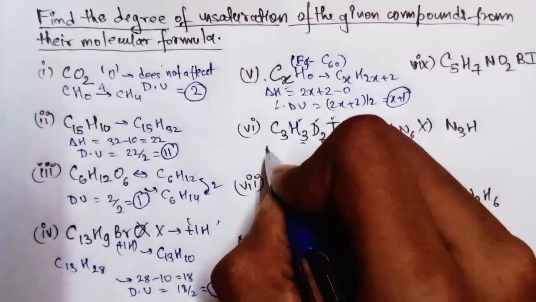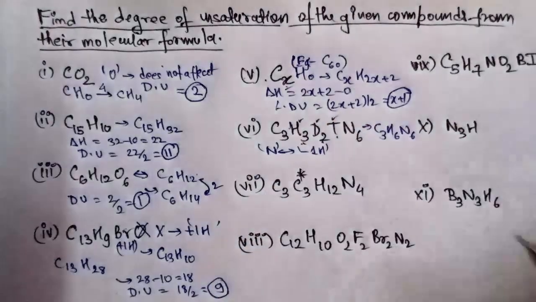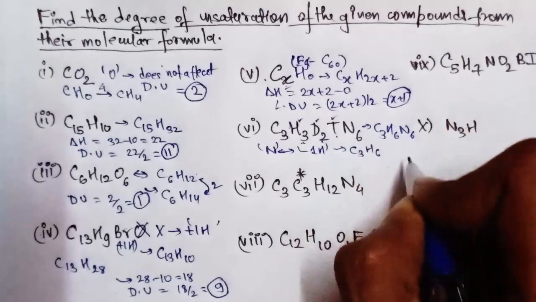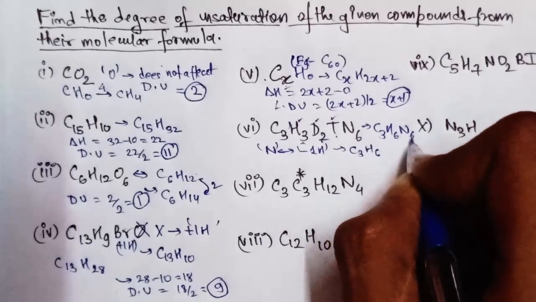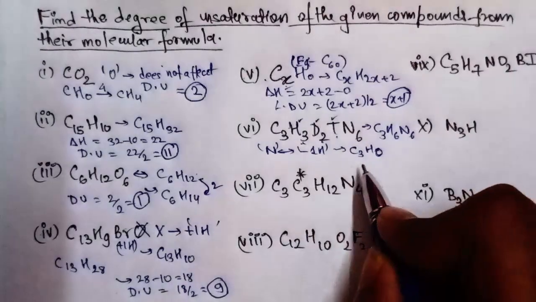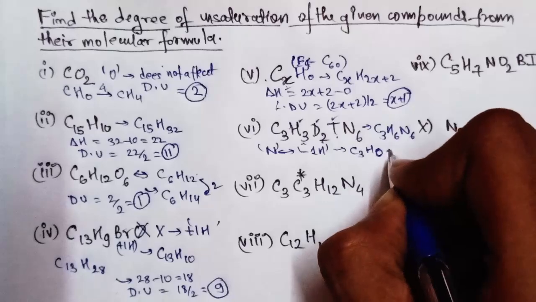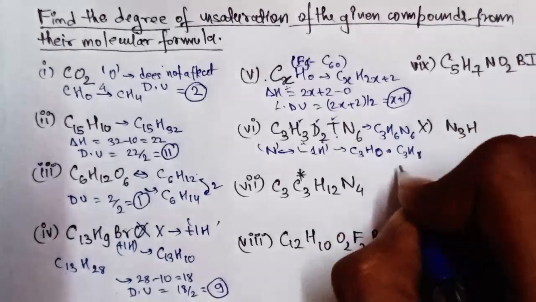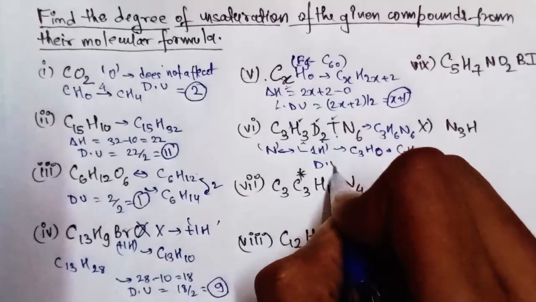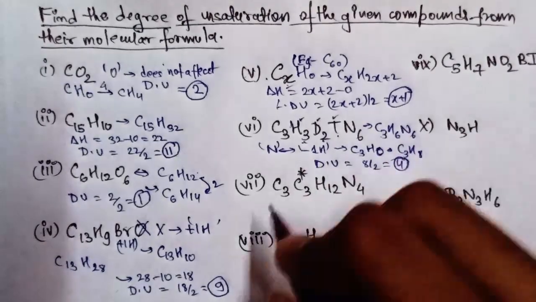Now we clearly know that nitrogen is an equivalent of removal of one hydrogen from the molecule, making the formula C3H6, and this nitrogen is minus 6, so that becomes overall 0. Making this equal to 3 carbon, we require a total of 8 hydrogens. Therefore, the change in number of hydrogen atoms is 8. Therefore, the degree of unsaturation is 8 upon 2, that is 4.